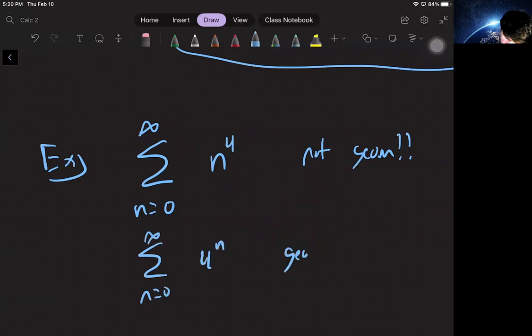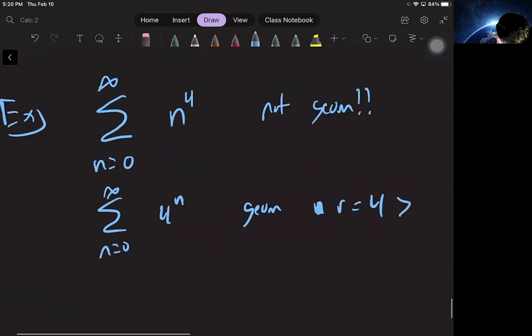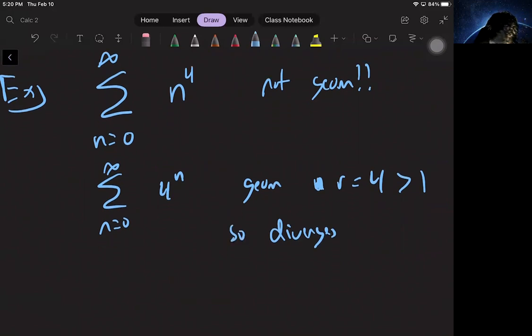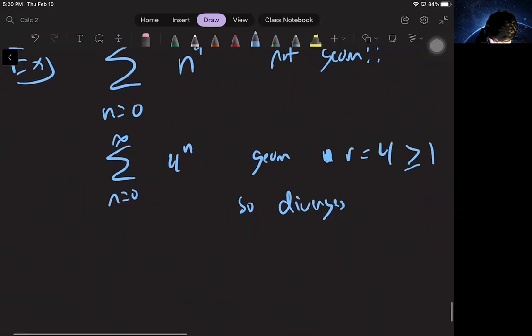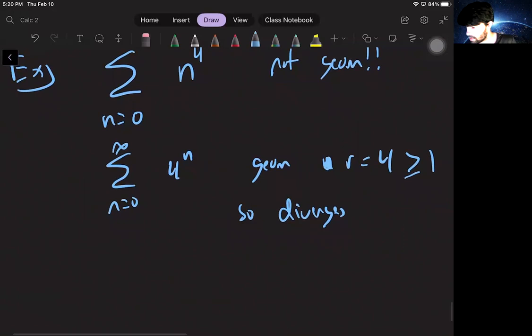This is geometric, where r is 4, and because it's bigger than 1, it diverges. So we won't have to do anything else. We can just say it diverges because it's bigger than or equal to 1. Okay, so that's going to be it for geometric series, and I'll see you next time.